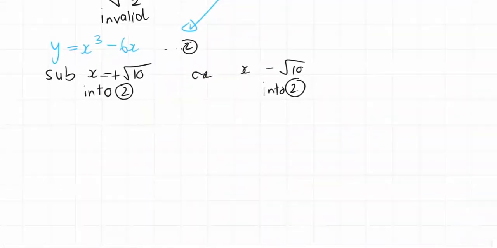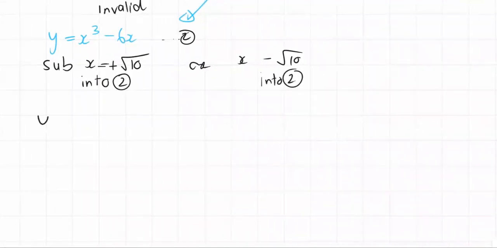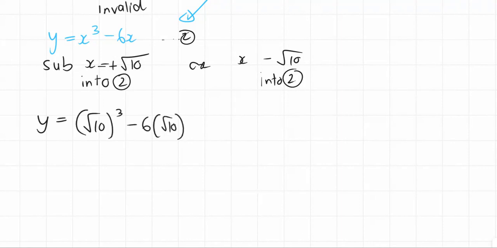So therefore y equals square root 10 to the power of 3 minus 6 times square root 10, or y equals negative square root 10 to the power of 3 minus 6 times negative square root 10.